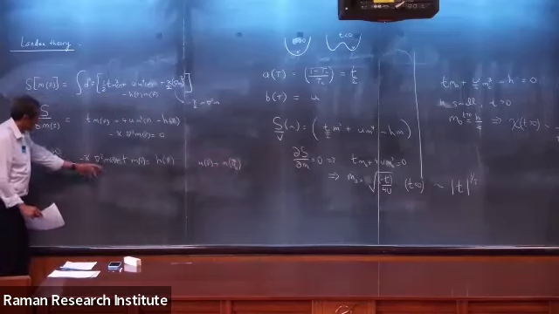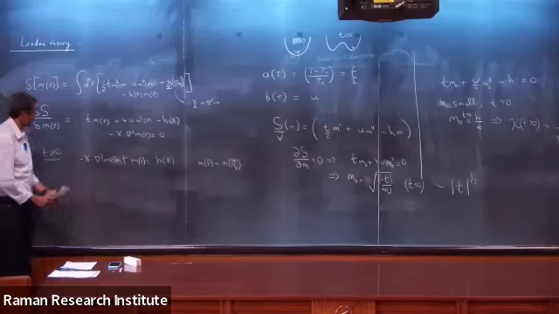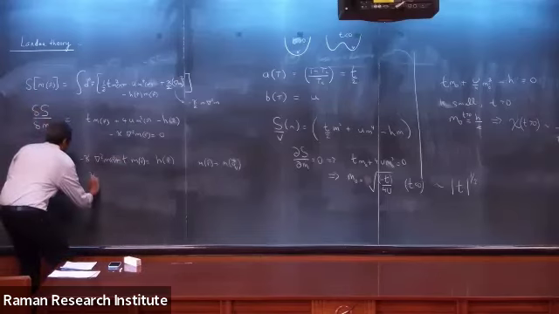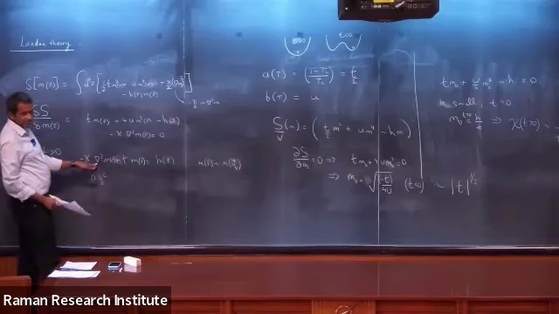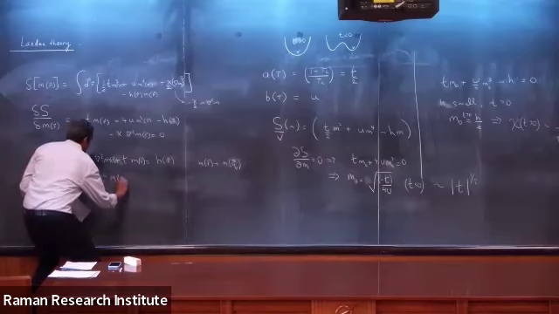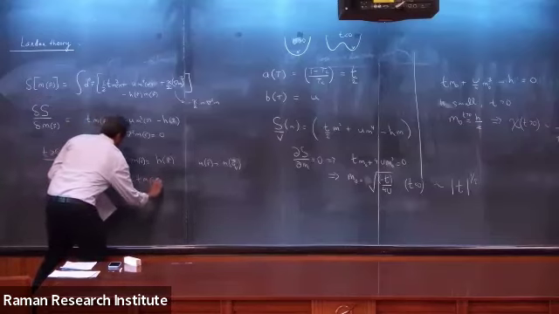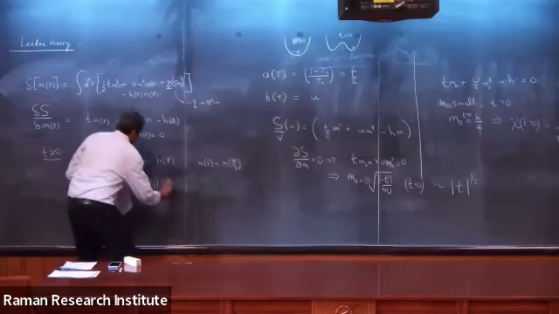What are you going to get if you insert this Fourier decomposition? I'm going to get kappa times Q square, because the two derivatives will bring down two factors of Q, times M of Q, plus T times M of Q, which is going to give me the Fourier transform of this field here.